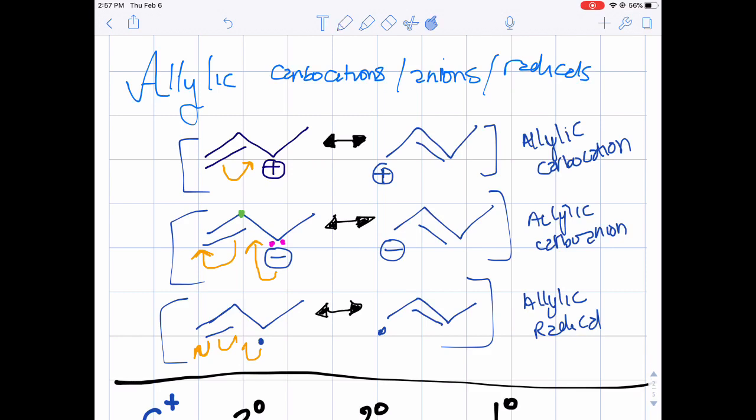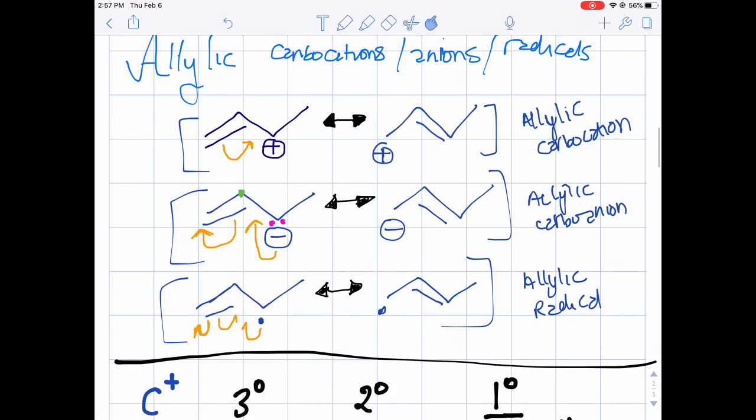Whereas for your anion, your lone pair is your place with the high electron density, right? Because you have a full negative charge on that carbon. So the electron is going to be moving towards the area of low electron density.